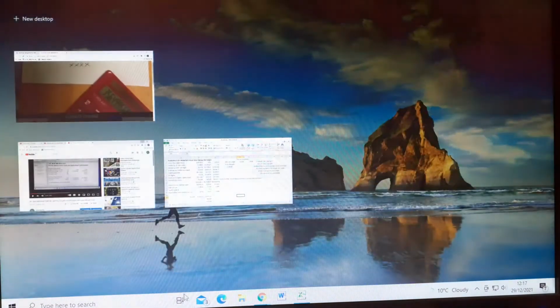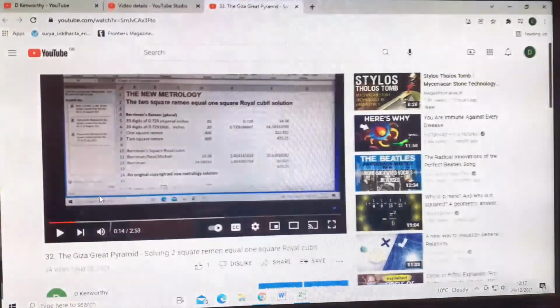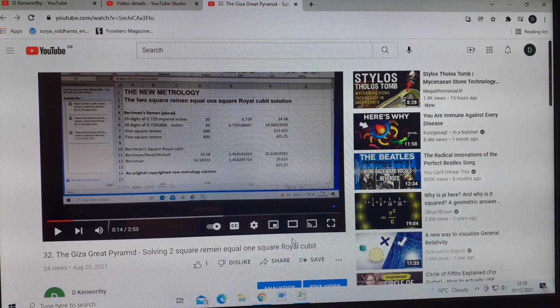And what I want to marry it with is my work in respect of the actual size of the square royal cubit.